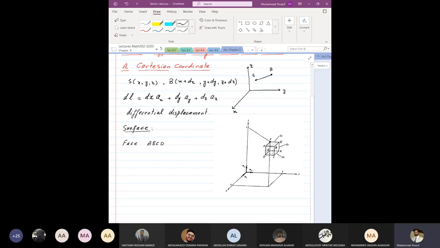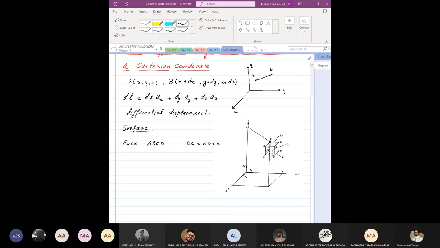Or you can say this is the length DC, which will be some distance along the y-axis, multiply the perpendicular vertical distance AD. You know AD and BC are equal, and DC and AB are equal. So we write DC multiply AD. So this face we can call Y length and Z length.